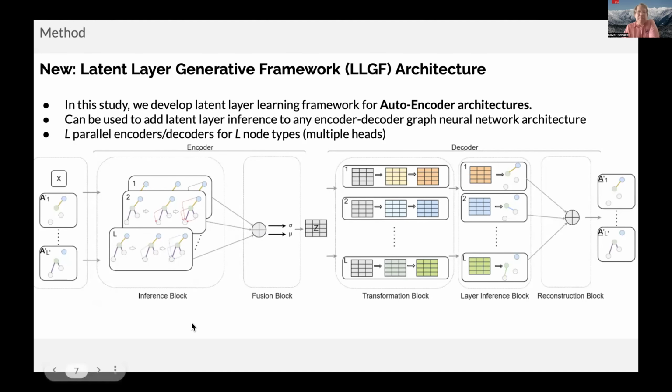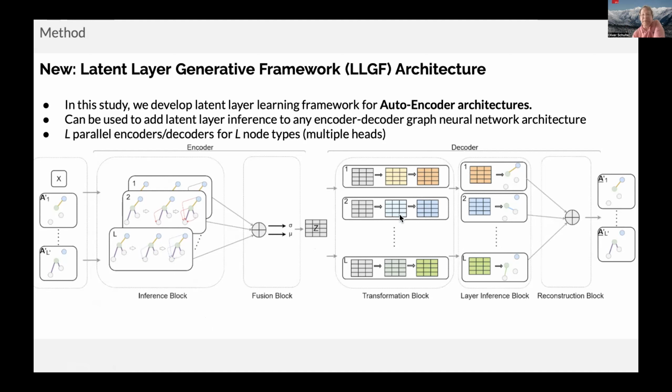Our proposal is to adapt the encoder-decoder framework for latent layer inference. We have a hyperparameter L for the number of latent edge types. Let's say that's 3. Then we run the encoder 3 times in parallel and combine the three different encodings into a single set of node embeddings.